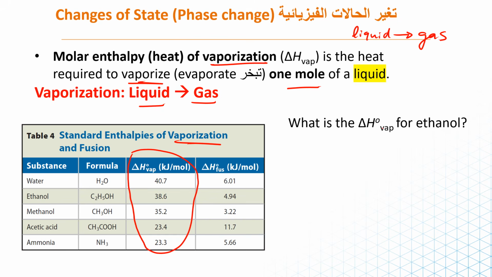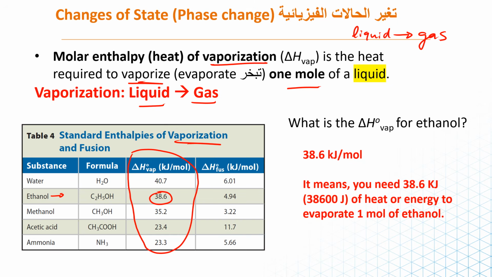Now, what is the delta H vaporization for ethanol? Again, look here, ethanol, it's going to be 38.6 kilojoule per mole. What does that mean? It means you need 38.6 kilojoules of heat or energy to evaporate 1 mole of ethanol.